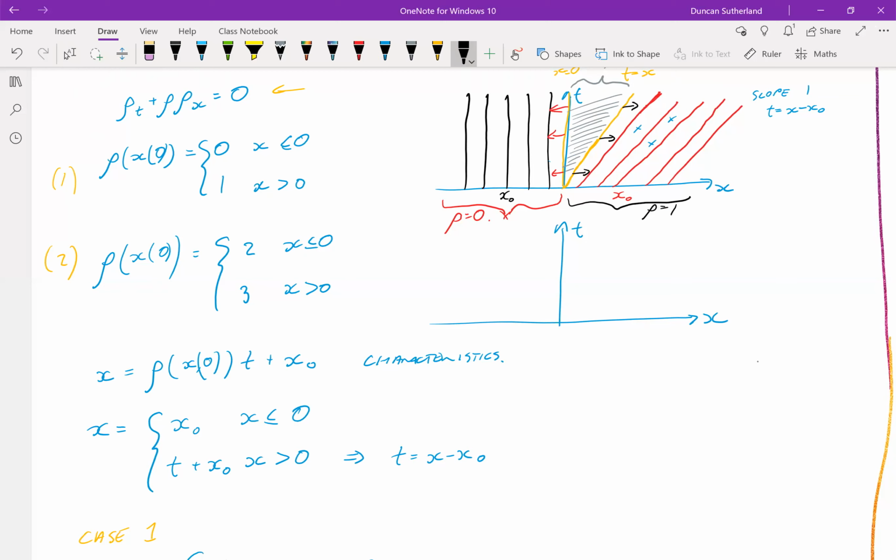I'm going to work that one out a bit faster, however. Right, we've seen how to do this one slowly, so we'll just do case 2 over here.